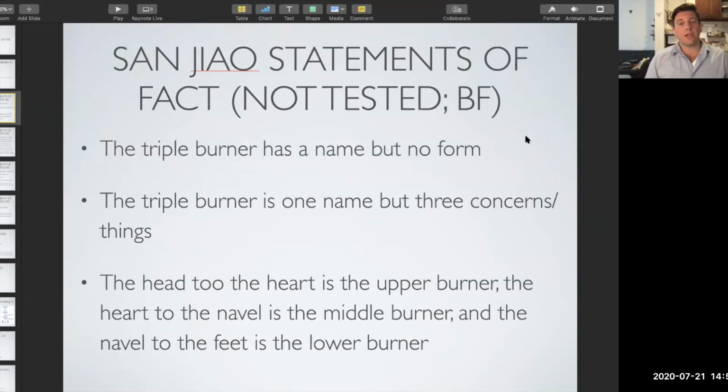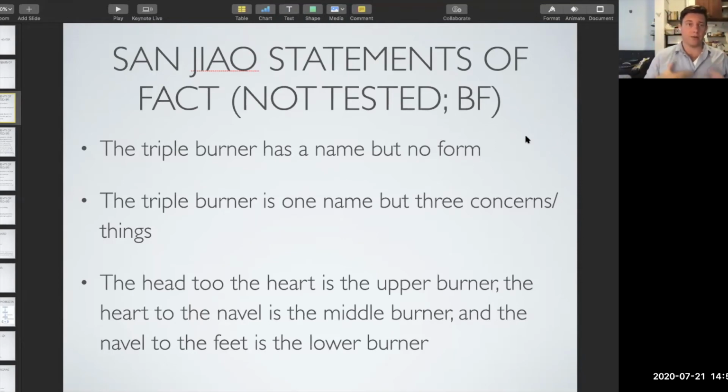So the San Jiao has a name, but no form. We talk about the San Jiao, but we're not expecting to be able to pull out a physical substance and say, this is the San Jiao. We talked early in the semester about this mind map organization where if we're talking about blood, we have in the center the character for blood, and then physical blood is one of the things related to it.